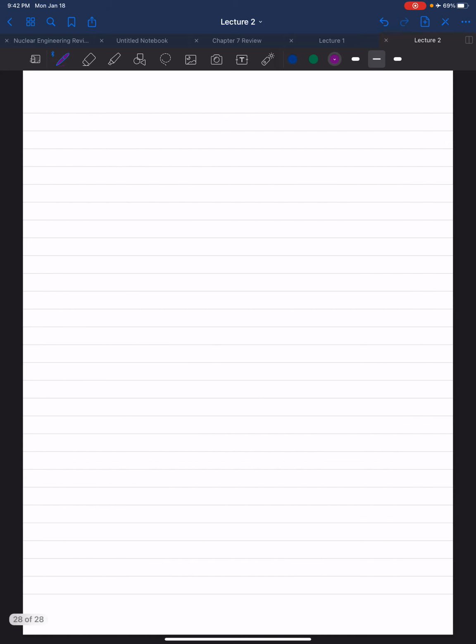Let's go to a fresh page and rewrite that step. We squared both sides: L squared equals L squared plus L prime AB squared minus 2L L prime AB cosine 43 degrees.